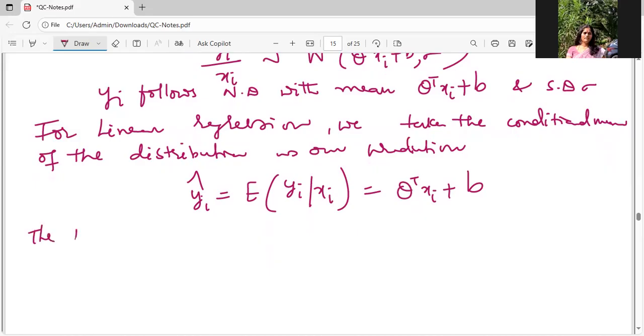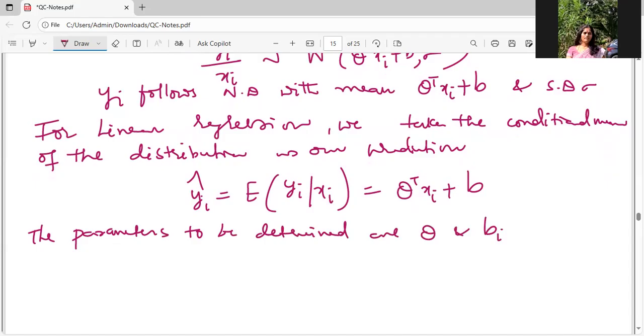The parameters, of course, as mentioned earlier, the parameters to be determined are theta and b.